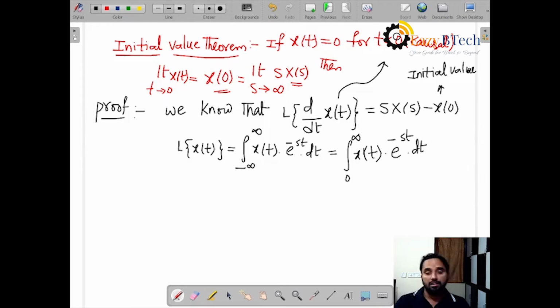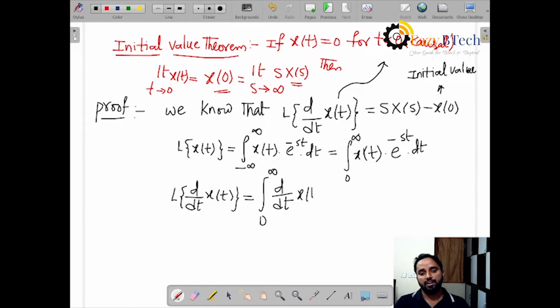Then we are going to write the LHS, the Laplace transform of d by dt of x of t. So how to express it? The same way: integral 0 to infinity, here d by dt of x of t e to the power minus st dt.